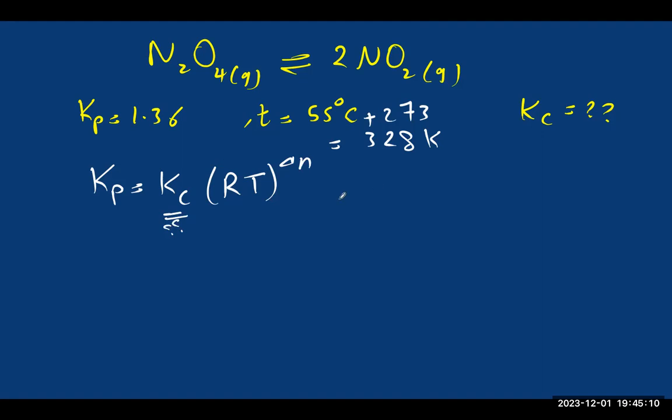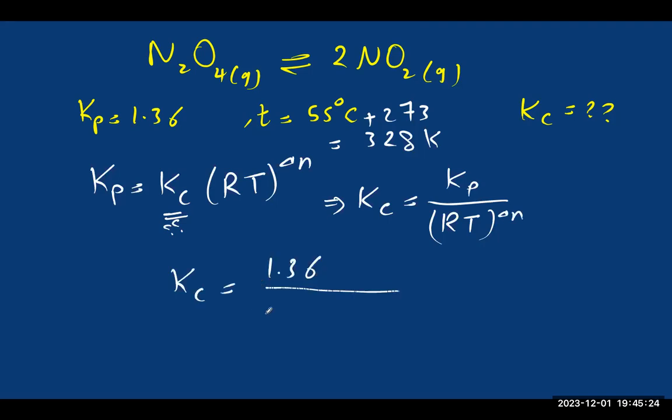So Kc will be equal to Kp divided by RT to the power of delta N. Now we'll substitute: Kc equals Kp, which is 1.36, over R, which is 0.0821, multiplied by the temperature 328, to the power of delta N.